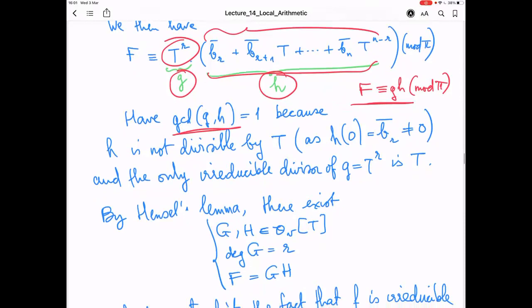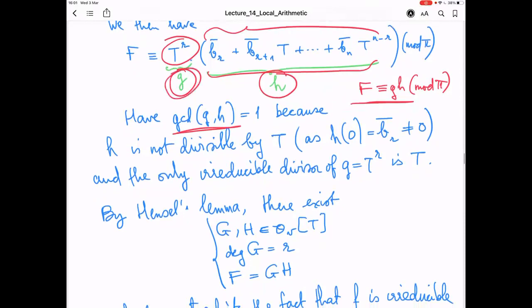Why is it 1? Because what are the divisors of g? I mean, g is t to the power r. The only possible divisor is t. But h is not divisible by t, because what is h of 0? H of 0 is br bar, which is not 0 in kV. Why not?